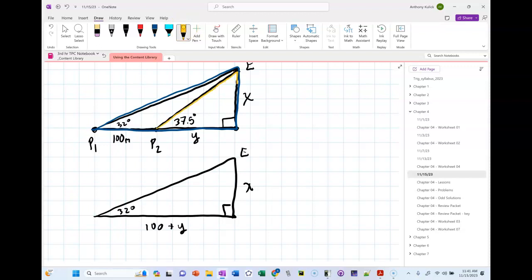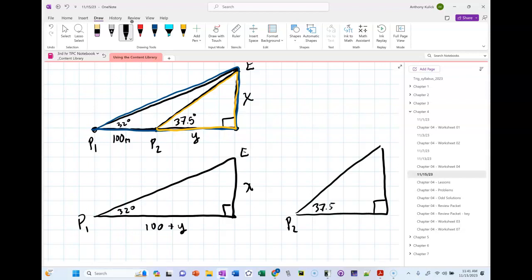I'm then going to draw this right triangle. Again, I'm going to draw that separately below. So that right triangle looks like that.